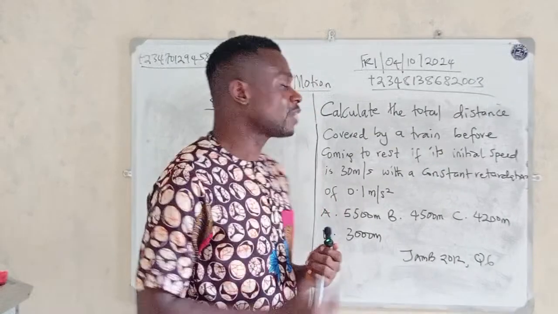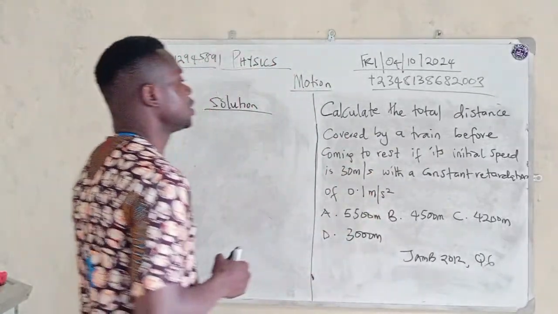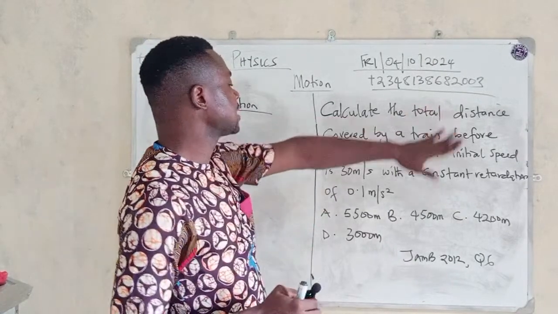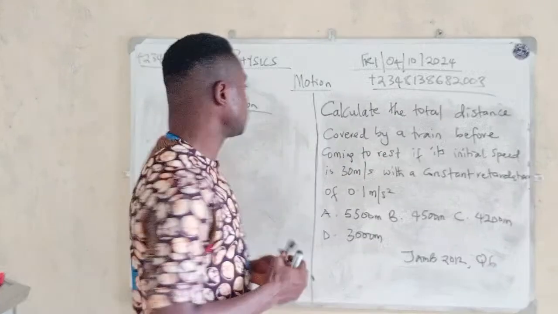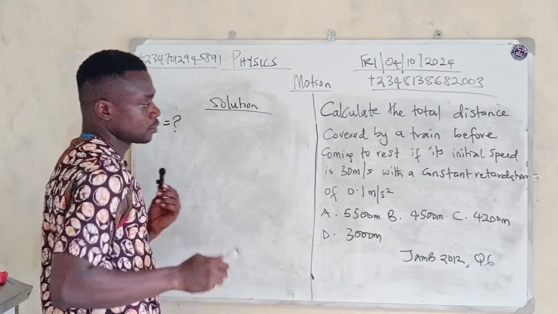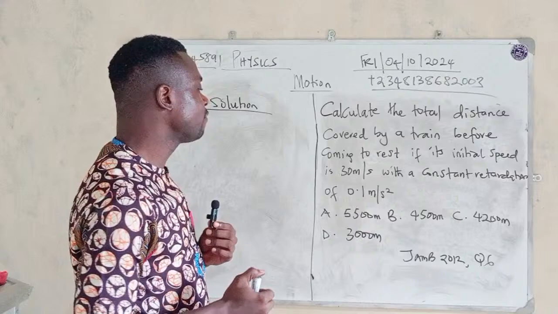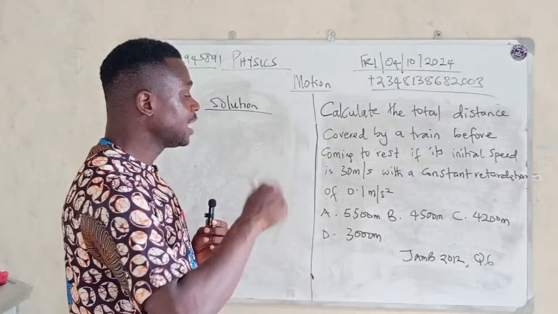First of all, let us write out the parameters given and the values. Calculate the total distance covered. So we are looking for S, the total distance. S is unknown.